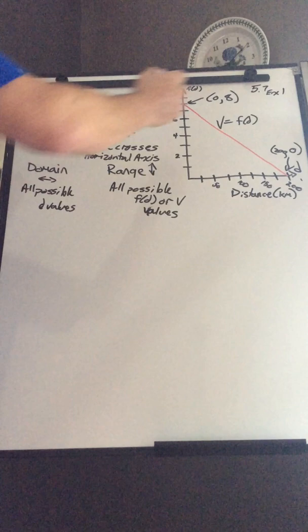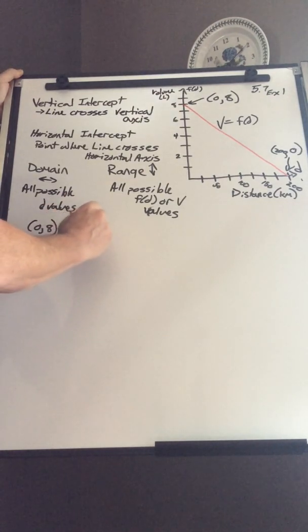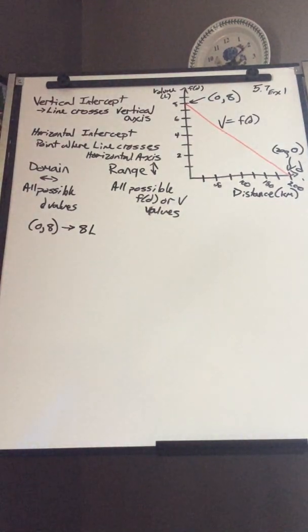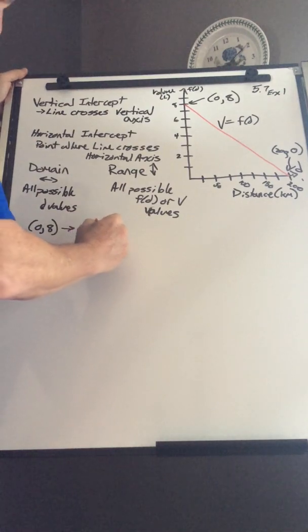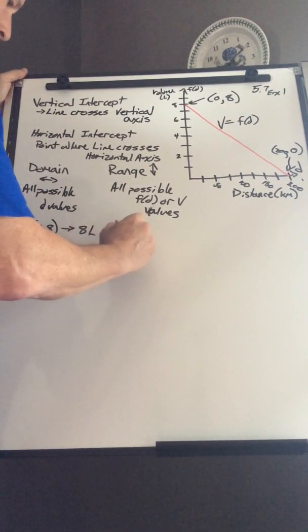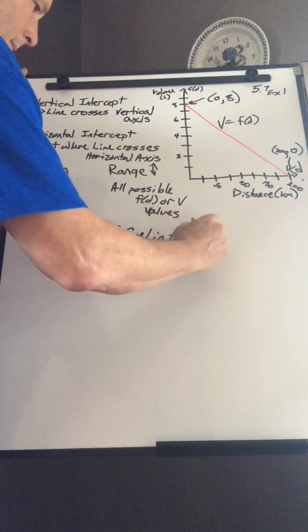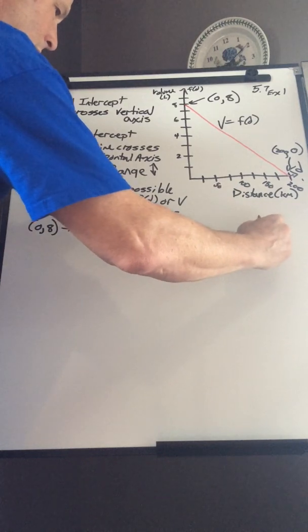So this 0, 8, there's 8 liters of volume of gas in a scooter, 8 liters of fuel in the scooter when the tank is full.